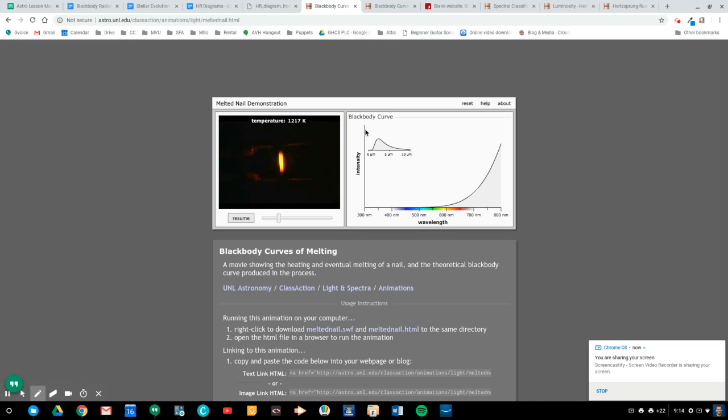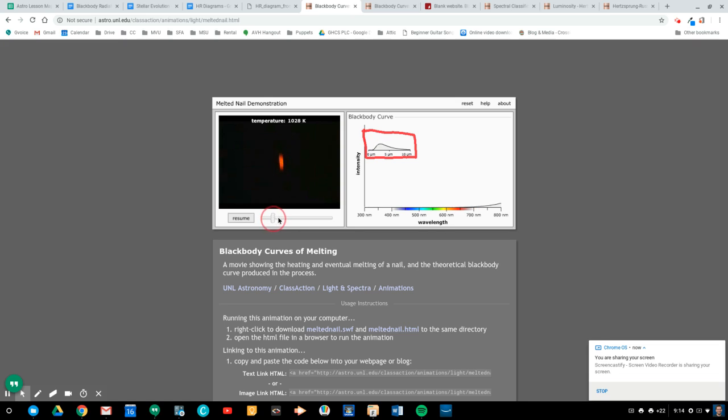This shows the total amount of light being given off. Remember, we said luminosity is a way of talking about all the light over the entire spectrum that's being given off by a star. So let's compare, and this is a nail. I realize this is not a star, but it's the same physics that controls the light being given off by a nail and the light being given off by a star.